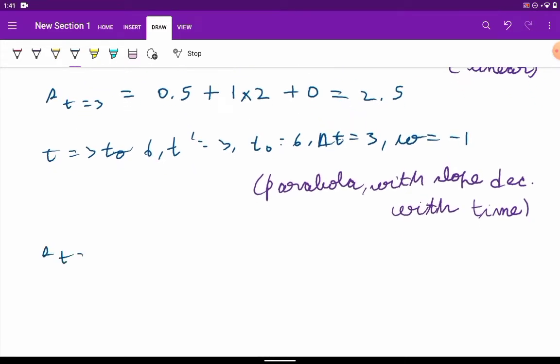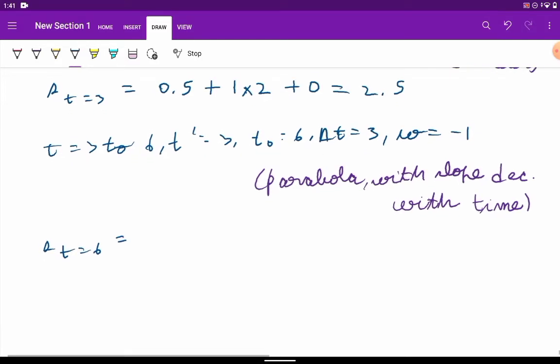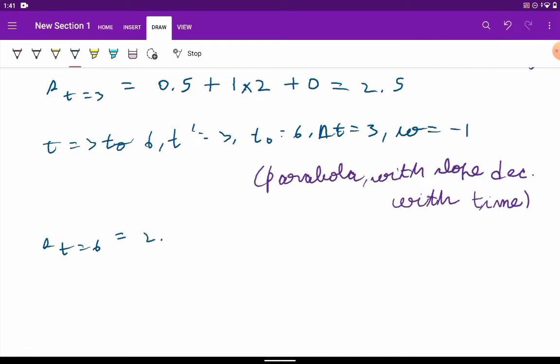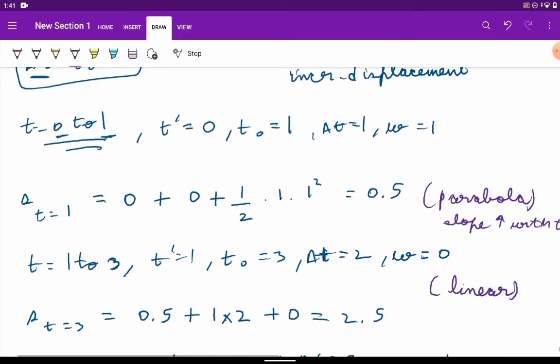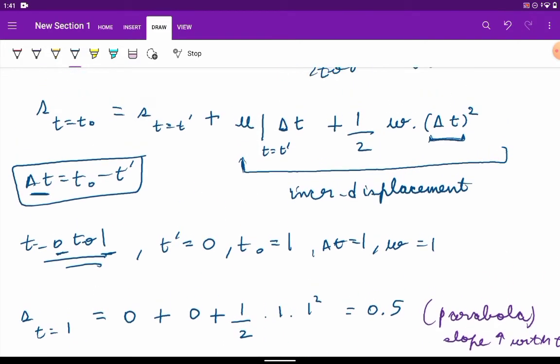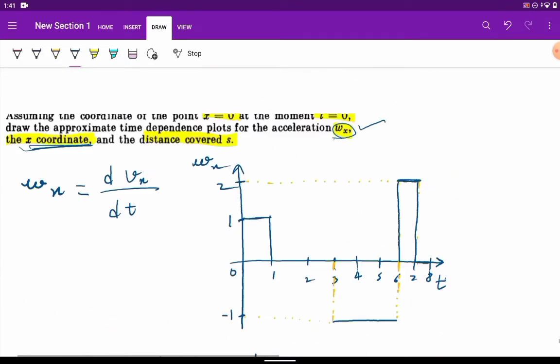All right, so now s at t equal to 6 is, of course, s at t equal to 3, basically the t dash, which is 2.5, plus u. So if we check the equation, velocity at t equal to t dash, which is 3. So what is the velocity at t equal to 3?